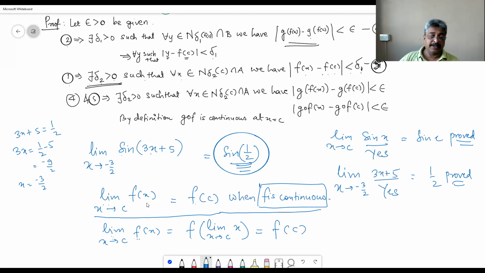We are flipping the limit and the function. There could be a case where you will fail to do this if the function is not continuous and you are not aware of this fact. By and large, the majority of the time you will be able to do this successfully, but a function can be designed in such a way that you will fail if you flip limit with function, and that can be designed if the function is not continuous.